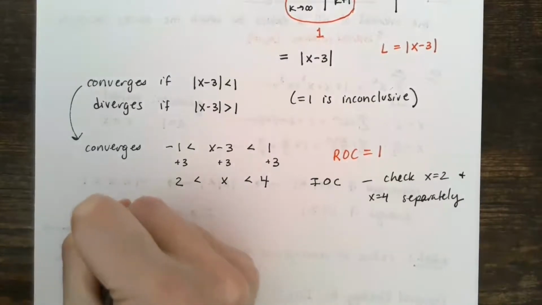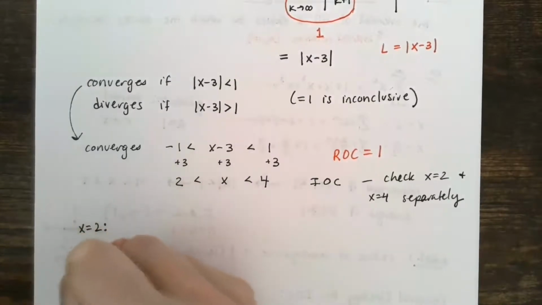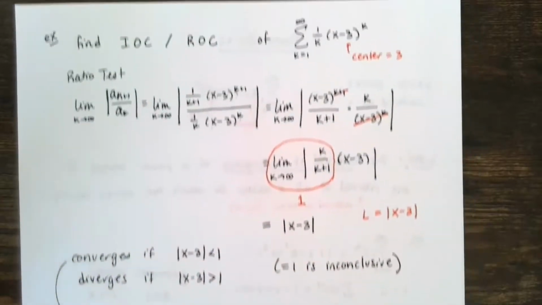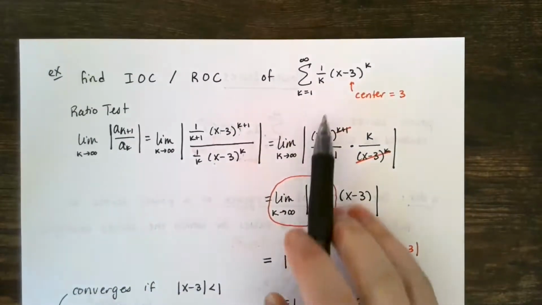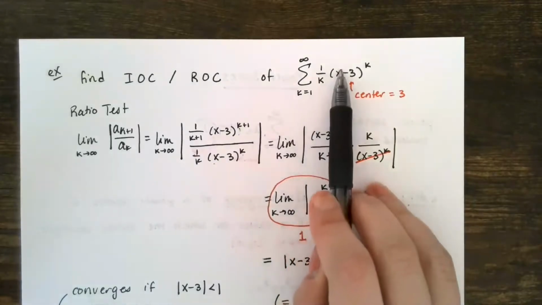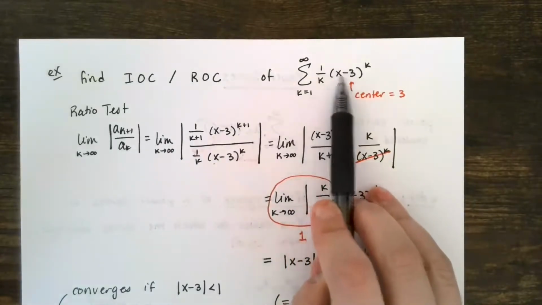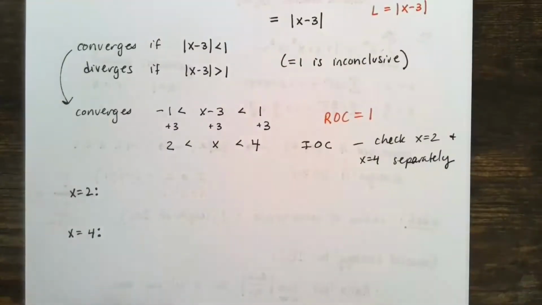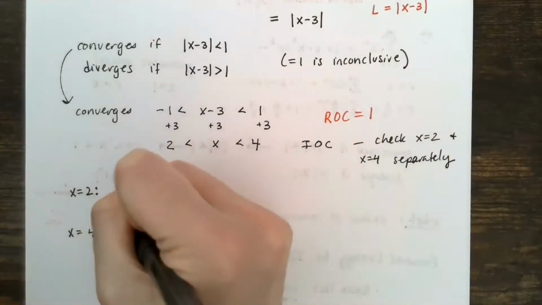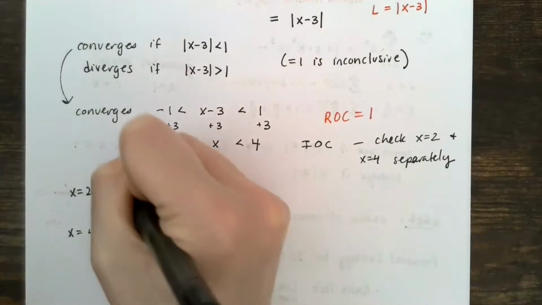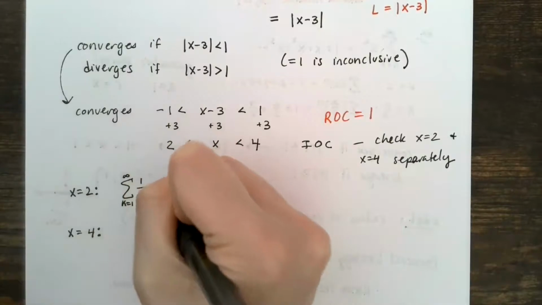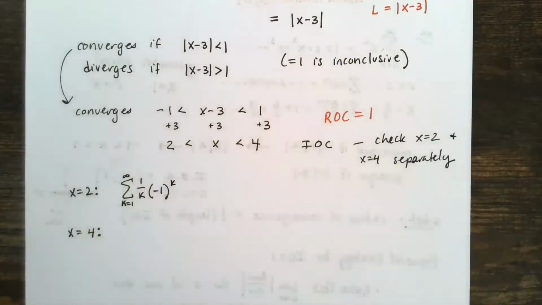Okay, so we're going to check x equals 2 and x equals 4. And all I'm going to do for x equals 2 is just come back to my original power series and put a 2 in for x right here. So I have 2 minus 3 is negative 1. So I have the series from k equals 1 to infinity, 1 over k, and then 2 minus 3 was negative 1 to the k power.